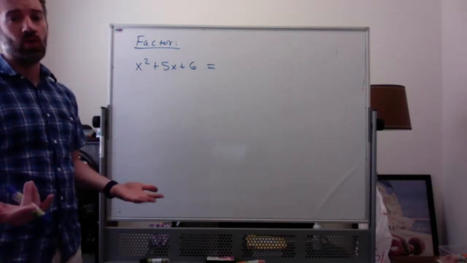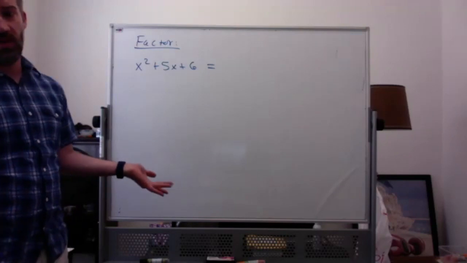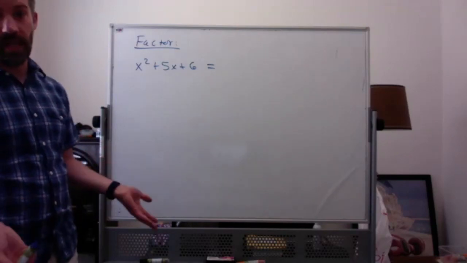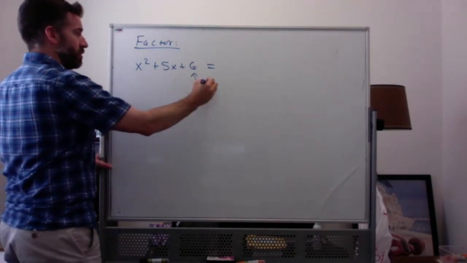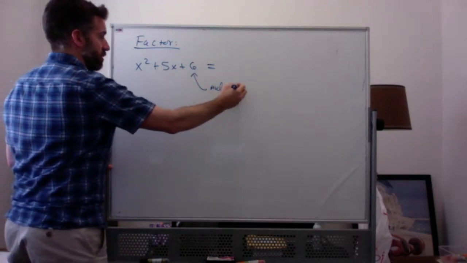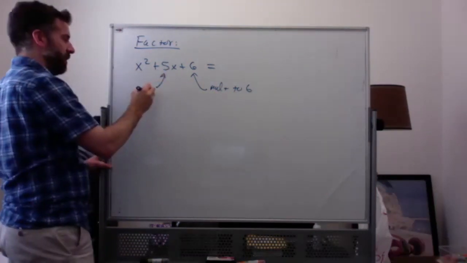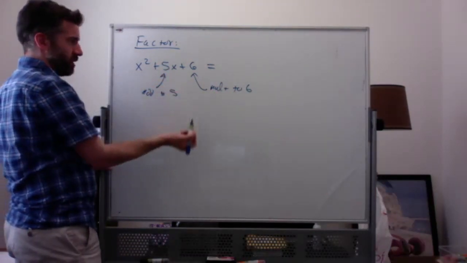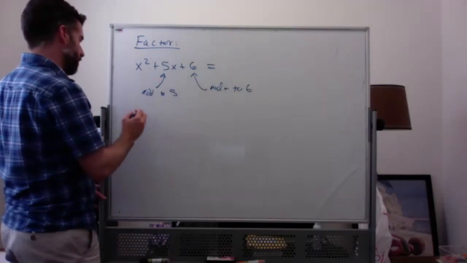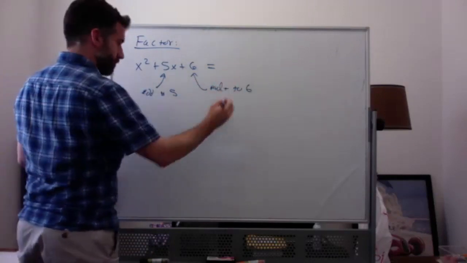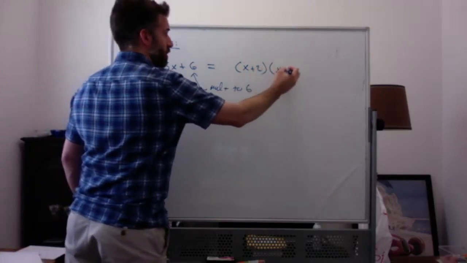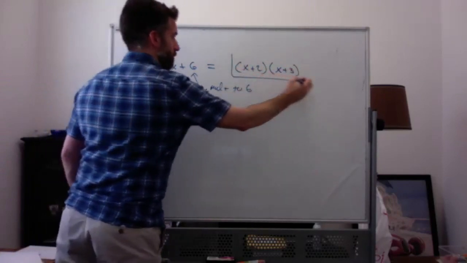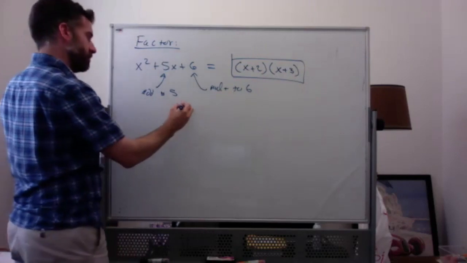I want you to be able to factor this probably in just one step. I'm looking for numbers that multiply to 6 and add up to 5. Well, clearly that's 2 and 3. So we're going to factor as x plus 2 times x plus 3.